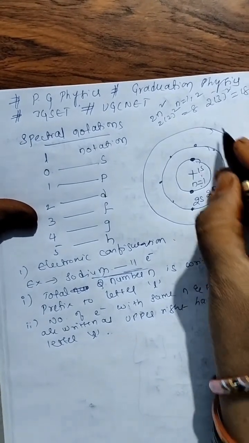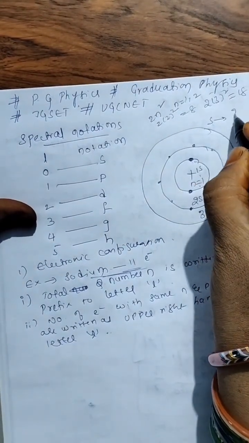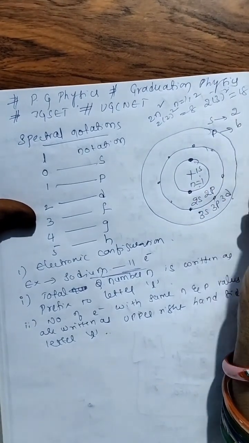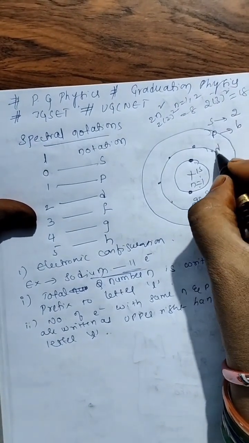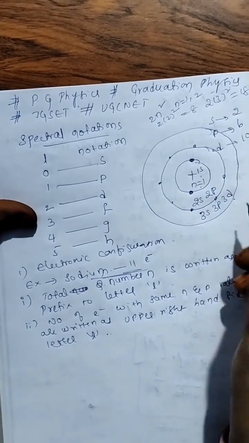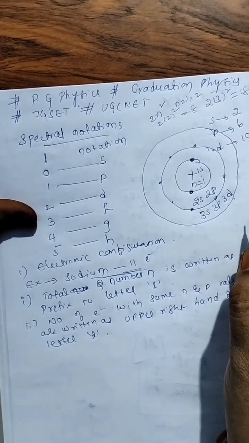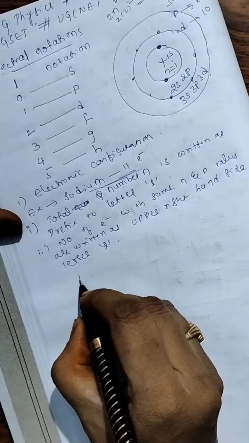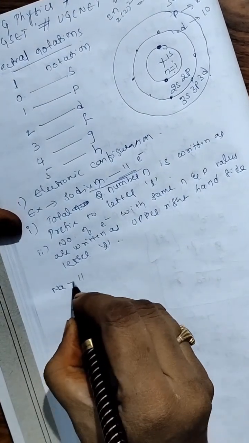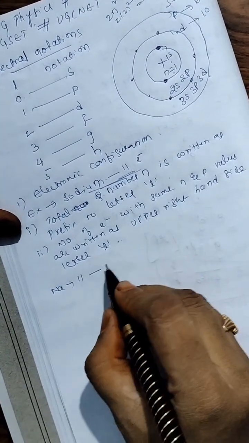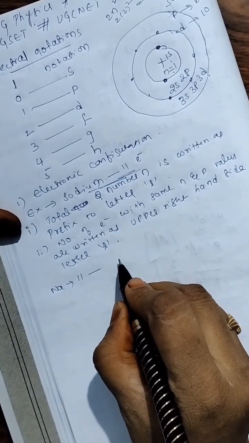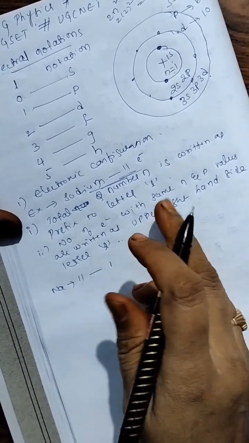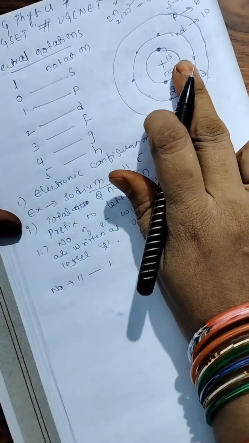So the s orbital takes 2 electrons, the p orbital takes 6 electrons, the d orbital takes 10 electrons. Now if we take sodium with 11 electrons, the first s orbital takes 2 electrons. The first electrons will be filled in the first orbit.